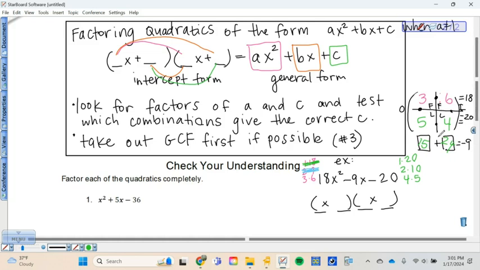Yeah, you can. Then 24 needs to be negative, right? So that means that this 4 has to be negative. So then that tells me I need 5 as my outer, negative 4 as my inner, and then 3 and 6. Okay.